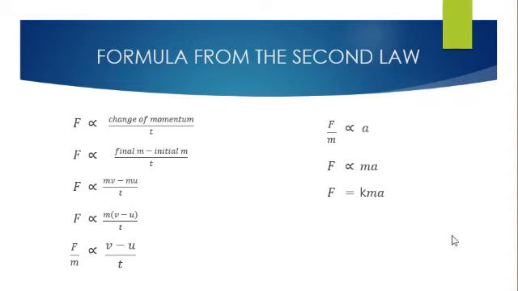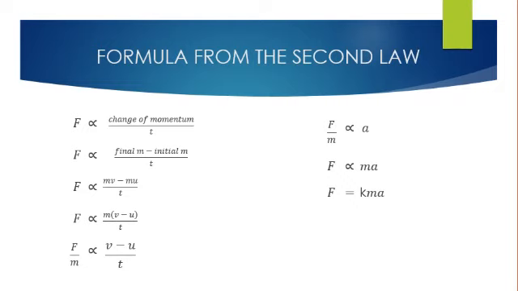And so to symbolize that constant which we don't know yet, we'll just say F is equal to K multiplied by m multiplied by a. So that number K will always be present on the right side of the equal sign for us to solve.